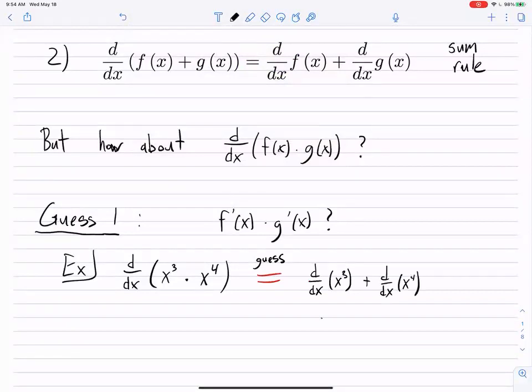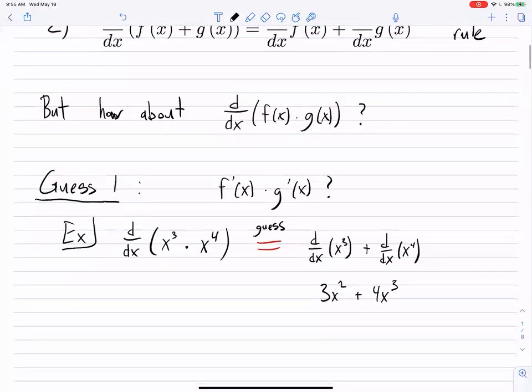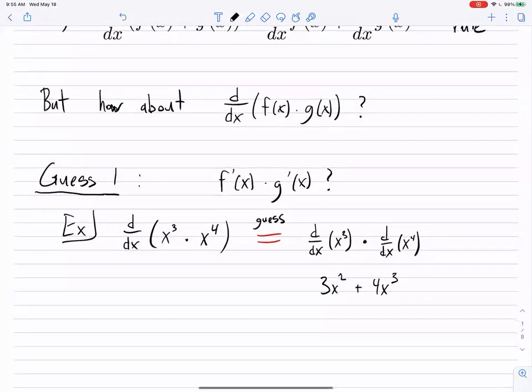The derivative of x cubed is 3x squared, and the derivative of x to the fourth is 4x cubed. Sorry, that should be times: our guess is that those should be multiplied.